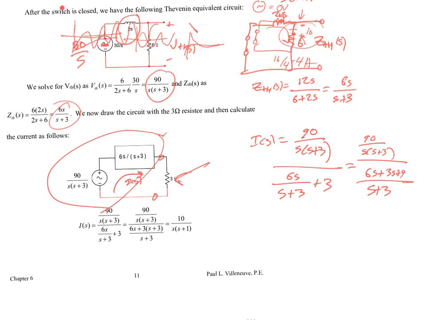So I put the numerator under a common denominator because it's a fraction within a fraction. Then I can invert and multiply and get rid of some fractions. So my I of s is going to be equal to 90 over s times 9s plus 9, if I have that correct.